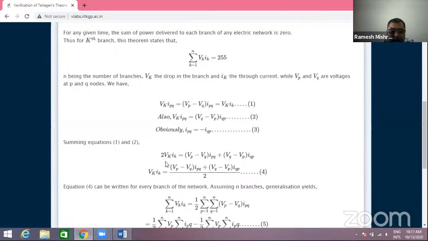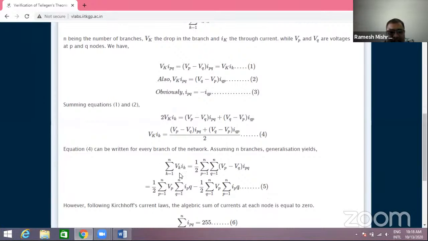Here 1/2 is a constant, so we can take it outside. Then inside the bracket we write Vp minus Vq into Ipq, where the value of P changes from 1 to n and the value of Q changes from 1 to n, and the summation of all these values should be present here.